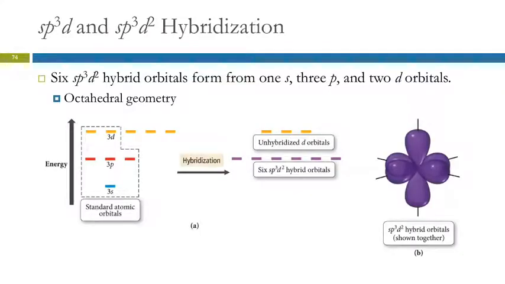Well, why stop there? Let's take 6. S, 3 of the P's and 2 D's, that makes sp3d2, right? And so now we've got 6 hybrid orbitals and 3 remaining unhybridized d orbitals. What do 6 balloons do?